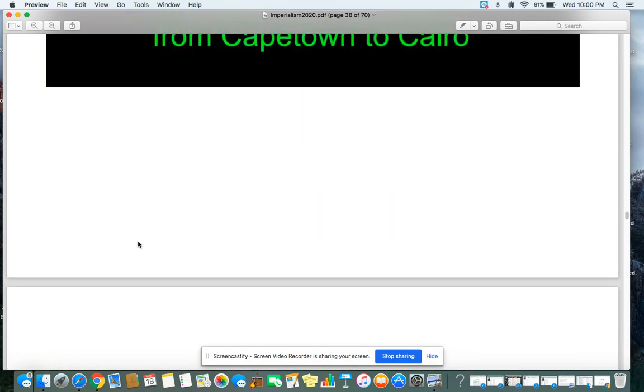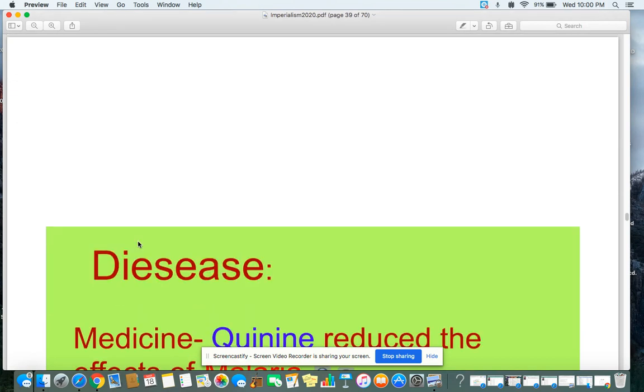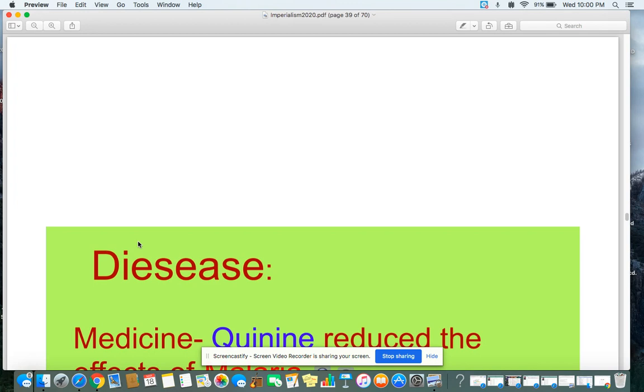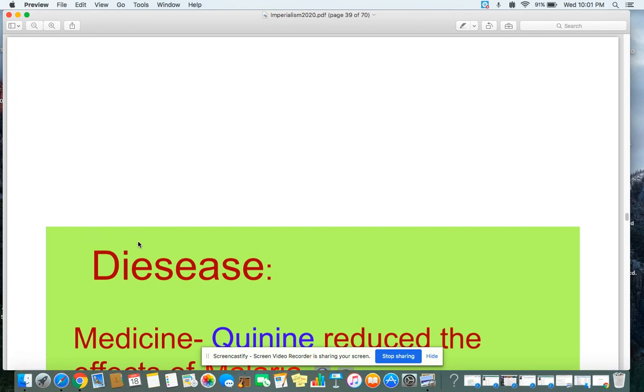All right, continuing. I put disease. Remember, malaria was just killing so many people, and we mentioned how it still is a very deadly disease to this day. Well, there were some doctors that were able to get some medicine out of tree bark called the quinine tree, and actually the indigenous people of South America had already known how to do this, and the Europeans noticed they weren't getting sick from malaria.